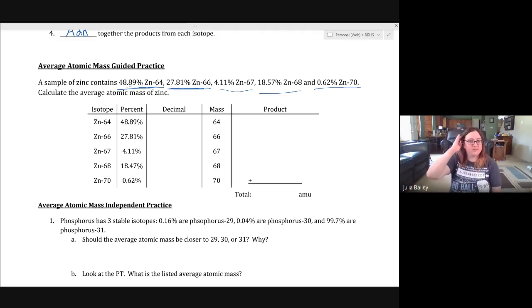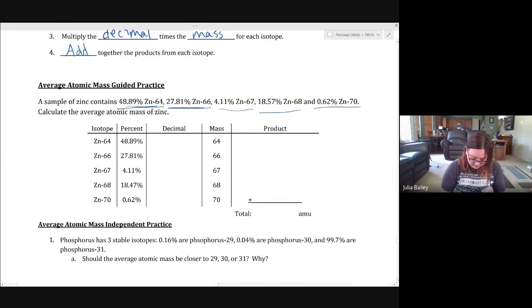Now, there's a couple different ways you can do this math. Either way, there are steps we're following where we have to turn the percent into a decimal first. Remember, to turn a percent into a decimal, you divide by 100. That's what you're technically doing. If you want to just do it by hand, that really just means you're moving the decimal place two times.